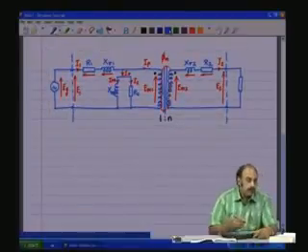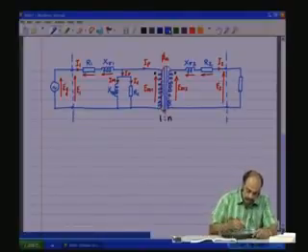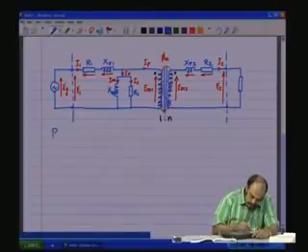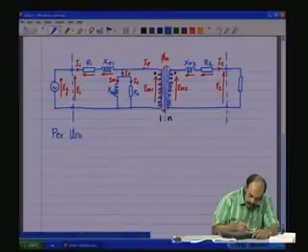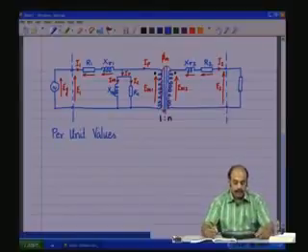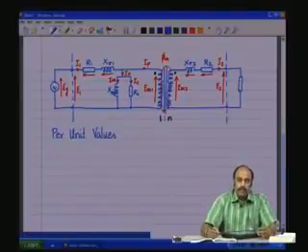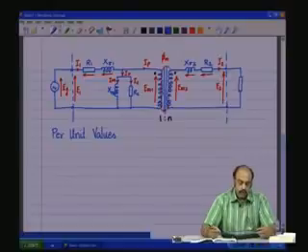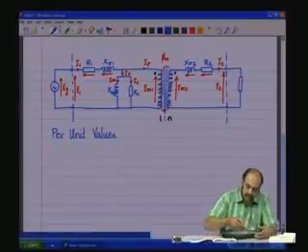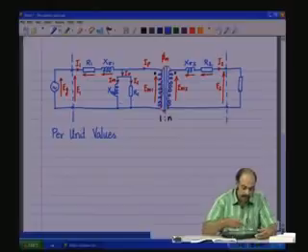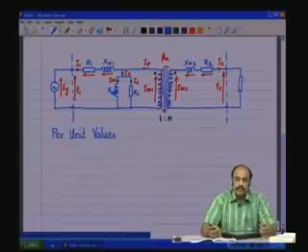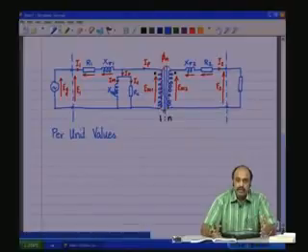Okay, the next topic we want to discuss is on the per unit values. Normally, it is advantageous to normalize the various parameters of the transformer. That is, you have the resistances, the impedances, the voltages, the currents, all these could be normalized with respect to some base value, and we have what is known as the per unit values.